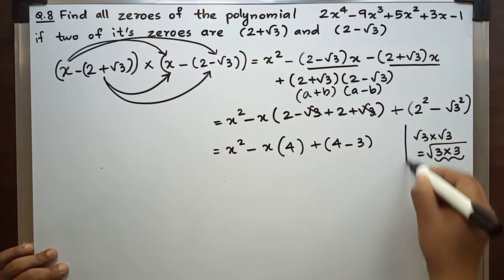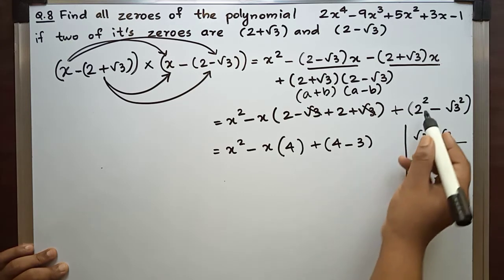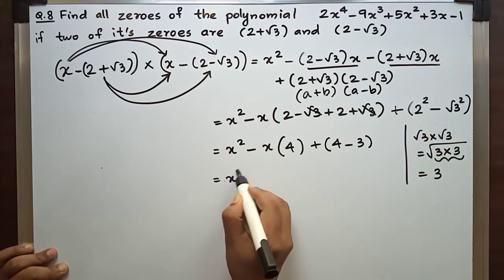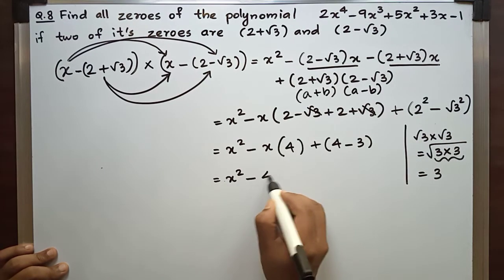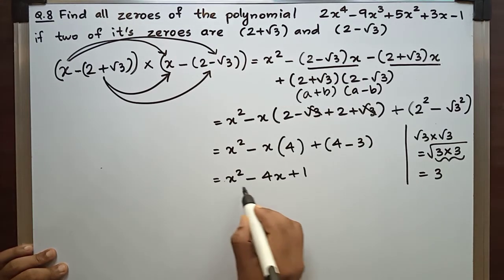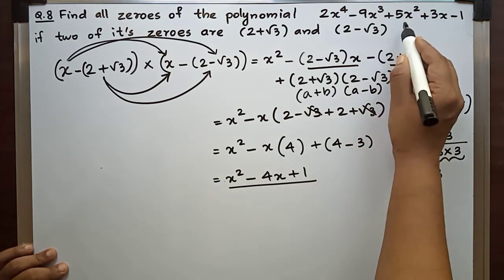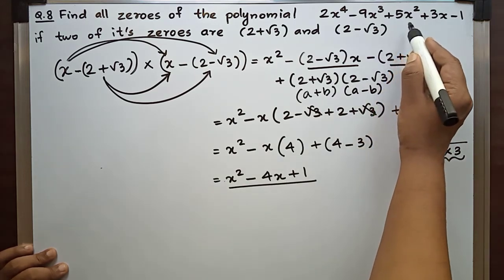So (√3)² is 3, and we get 4 − 3. Now this is x² − 4x + 1, since 4 − 3 is 1. So we got this as a factor of the given polynomial.